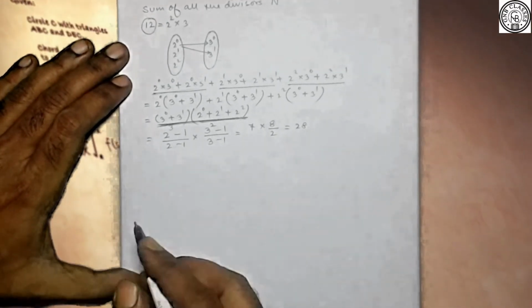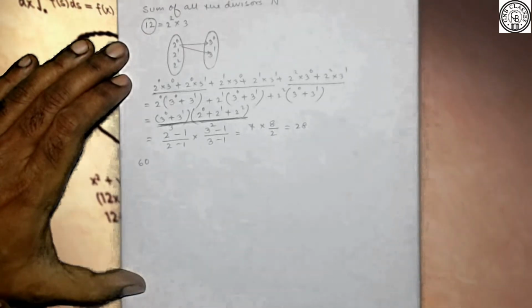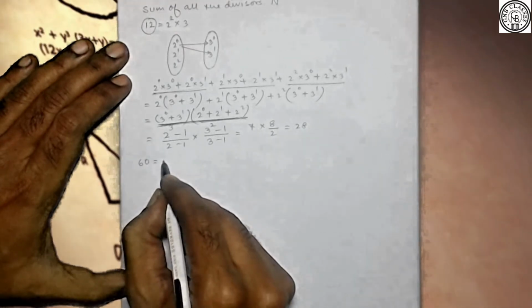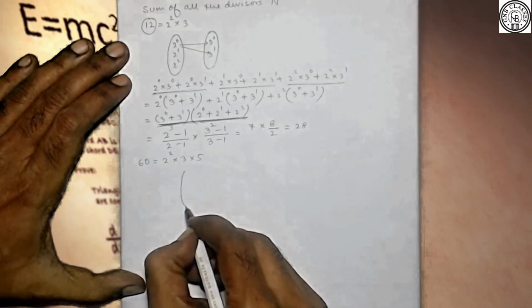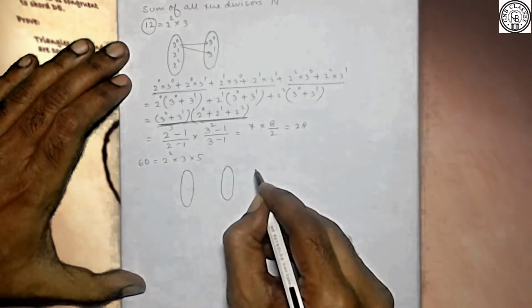Okay, now let us take another example, 60. What is the prime factorization? It is 2 square into 3 into 5. Let me again draw 3 sets.